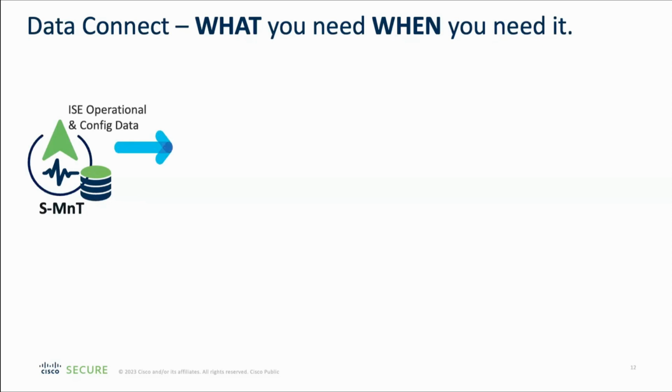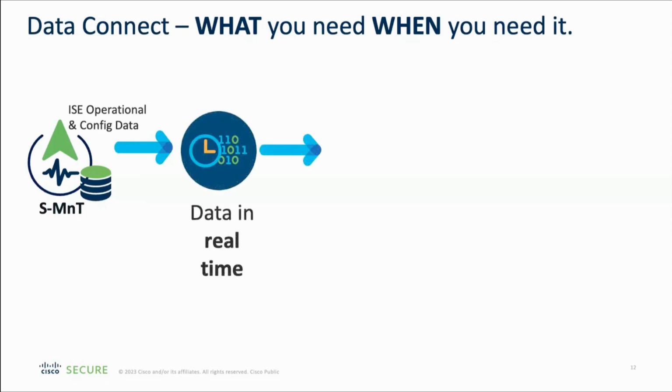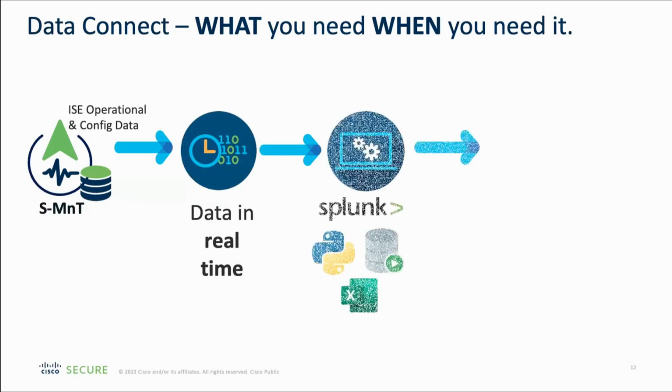In this case, we have the opportunity to get access to the data, and therefore data in real time, using any database software, any or almost any of the SIEM solutions such as Splunk, or even more sophisticated and newer solutions such as Python. But this is not limited to database software or SIEM.